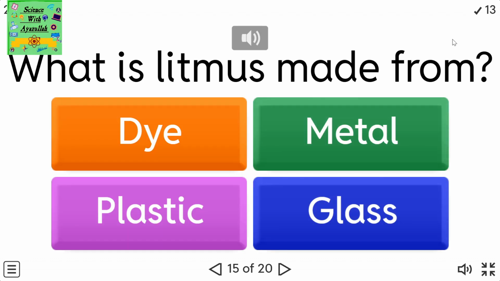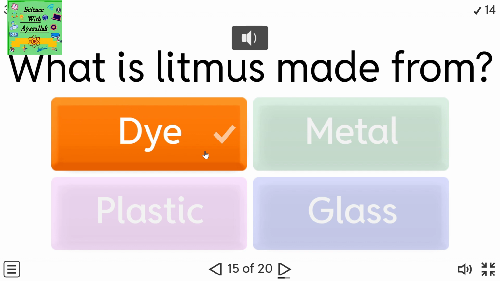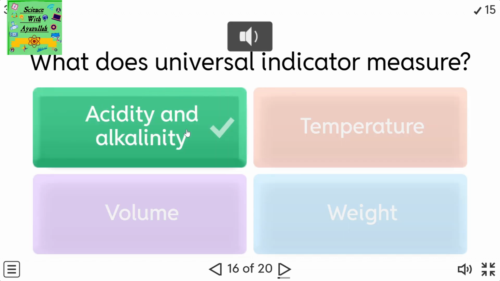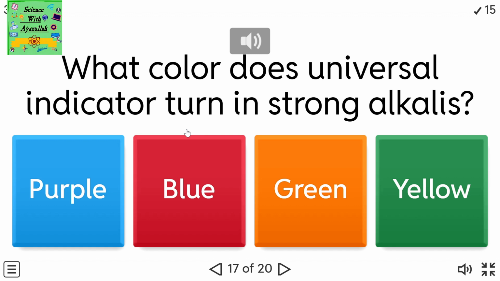What is litmus made from? What does universal indicator measure? What color does universal indicator turn in strong alkalis?